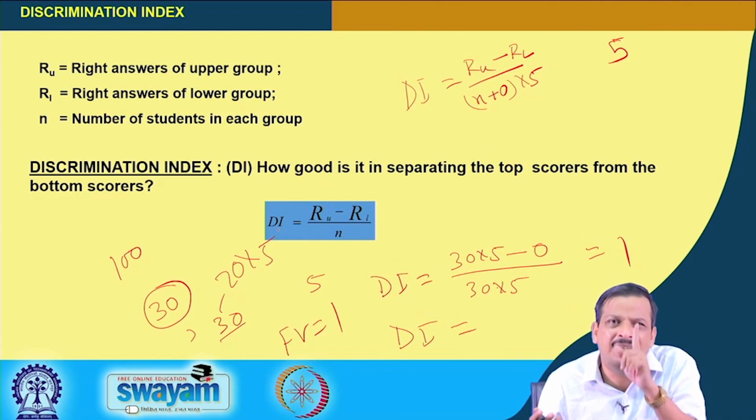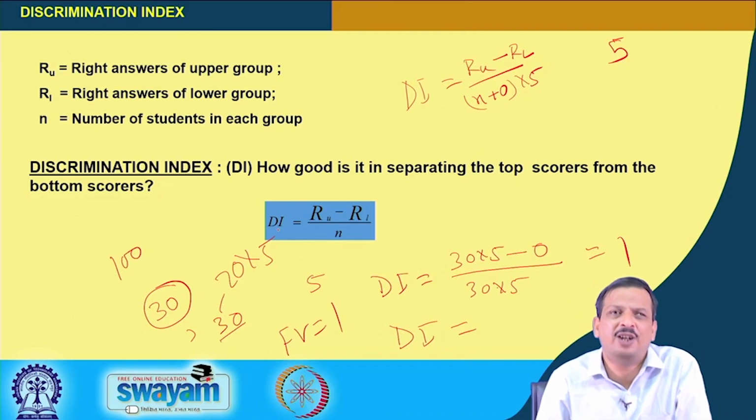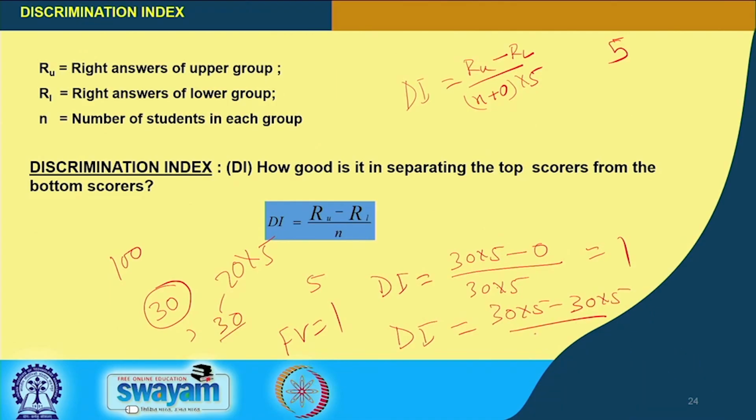But when FV is equal to 1, DI is definitely 0. FV equal to 1 means 30 into 5 minus 30 into 5, divided by 30 into 5, is equal to 0. So, when the facilitation value is 1, the discriminative index is 0.